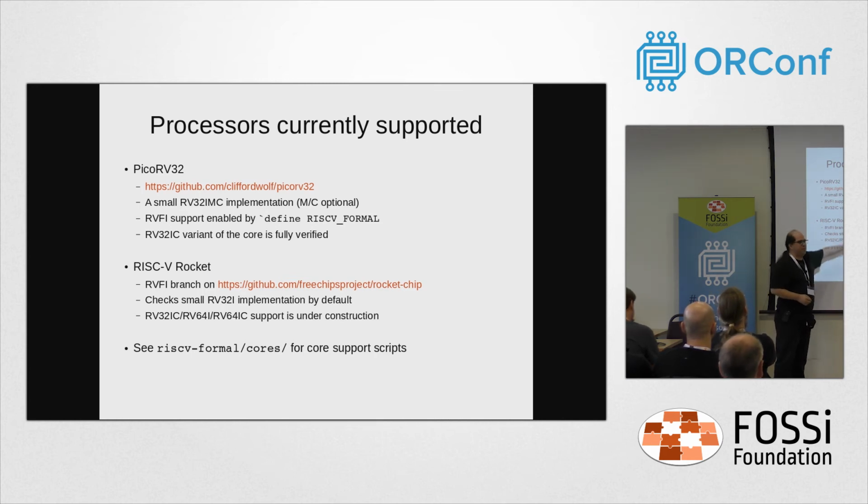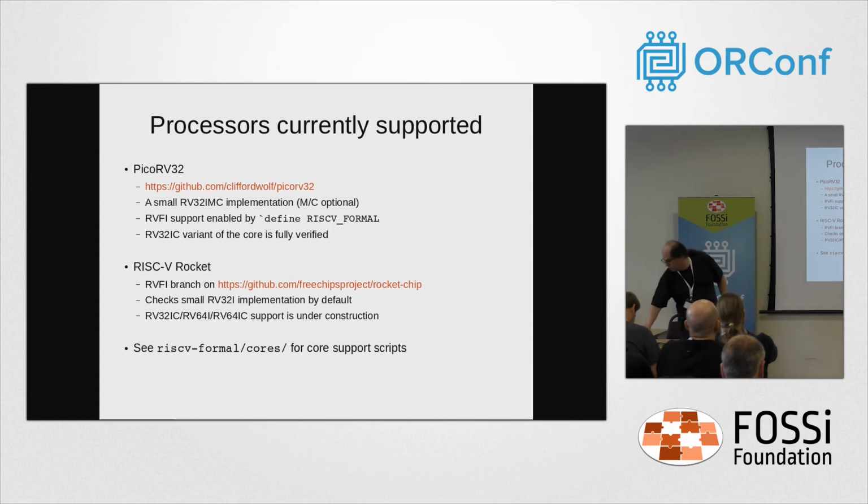However, the depth of this check is not as good as I wanted yet. We still need to do some things with abstractions. And support for 64 bits is underway for this as well. RISC-V Formal would support RV32IC already, but the RVFI interface for RISC-V Rocket is not there yet.